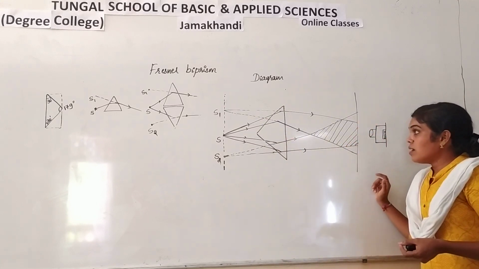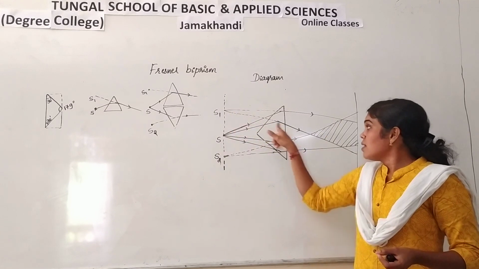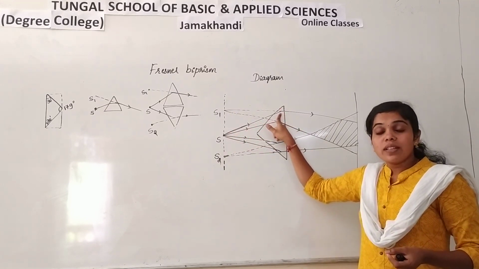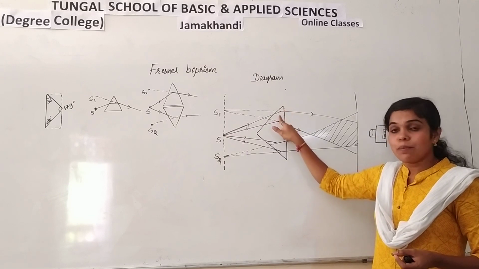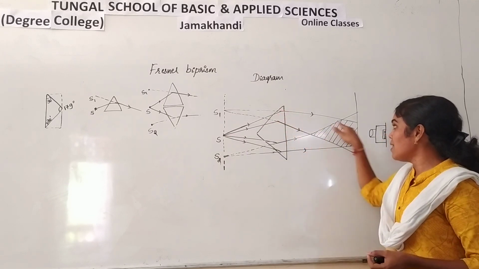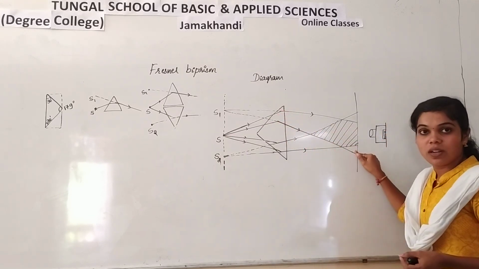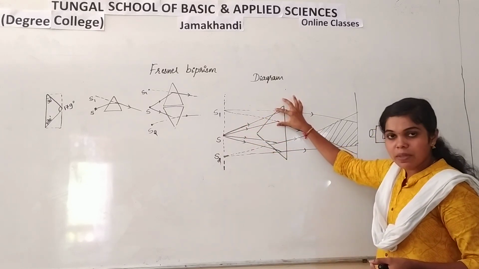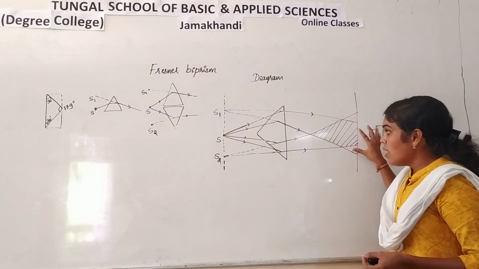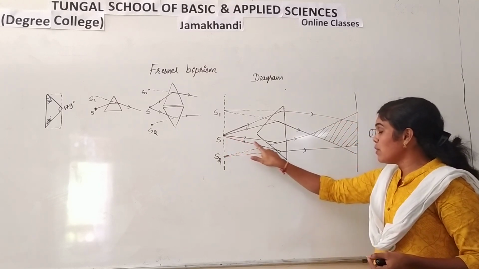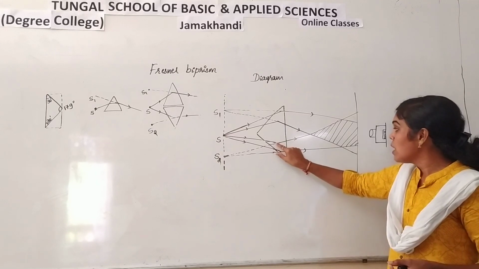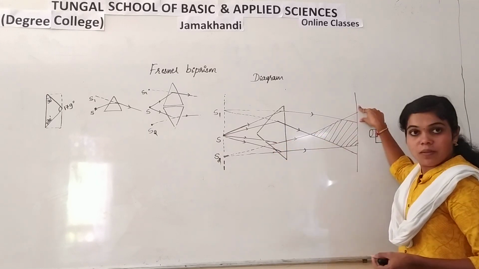Next, the wavefronts which are going to fall on the upper surface of this prism are going to bend downward. These are the wavefronts which fall on the upper surface of the prism; they bend downward. And the wavefronts coming from the source which fall on the lower segment of the prism will bend upwards.